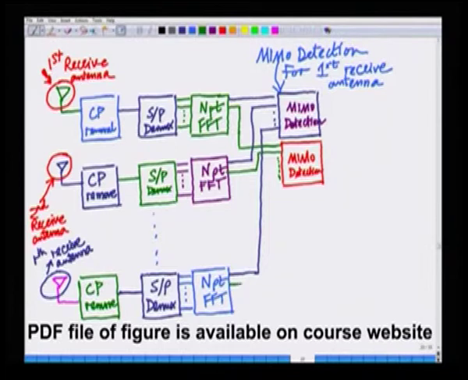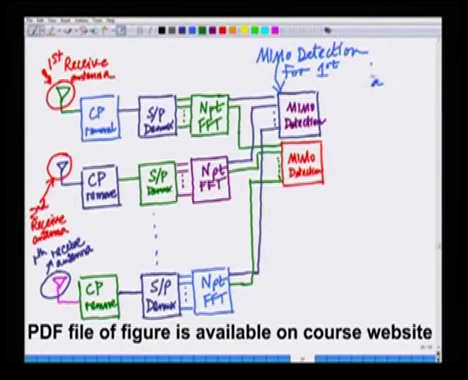So, what I am doing here is essentially taking the output from the second subcarrier at every receive antenna, and I am performing a MIMO detection. This is the MIMO detection for the second subcarrier.